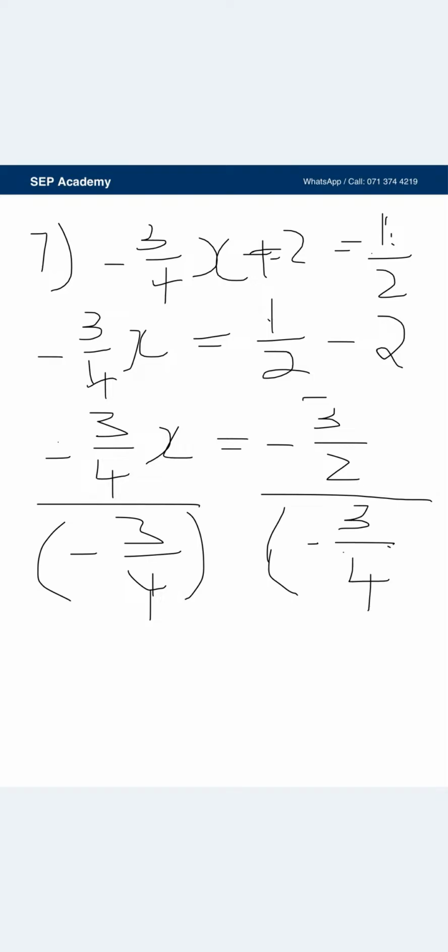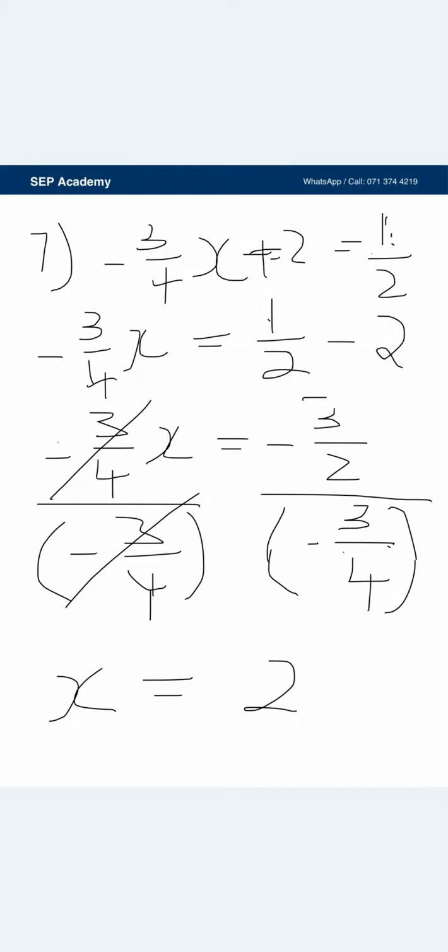Negative that over that, just so that this will cancel completely with that, and then you have your x, which will be equal to, you can now try to punch that on your calculator, where you say negative 3 over 2 divided by, in the brackets you have your negative 3 over 4, and that is equal to 2. So that's how you would work it out.